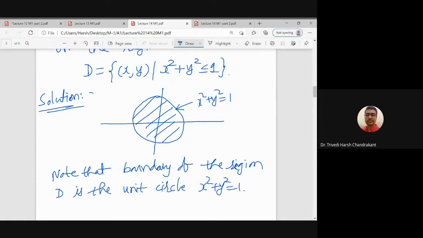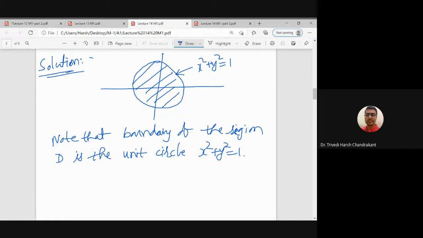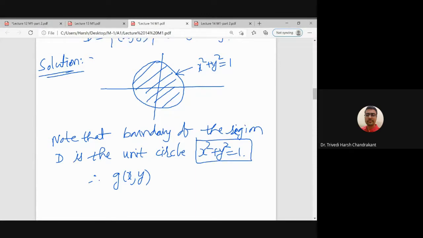So therefore, for the Lagrange multiplier method that corresponds to this curve, the boundary, we will take g of xy based on whatever equation we are getting from the given region.